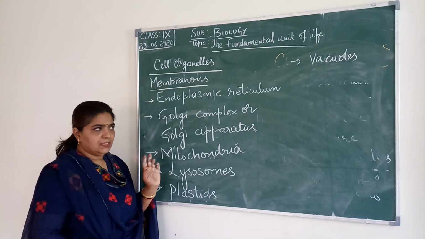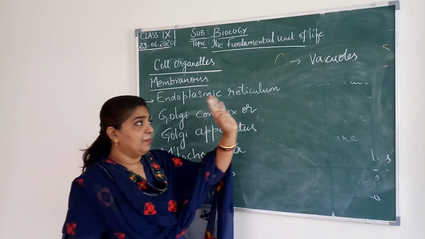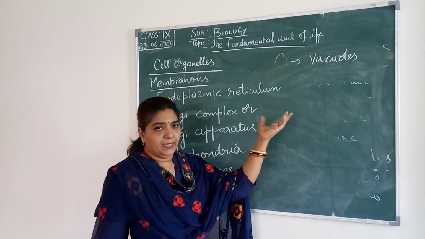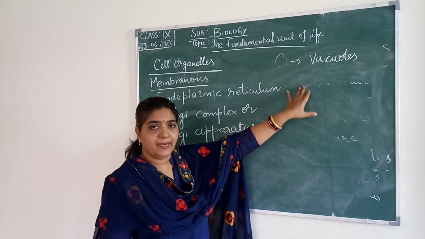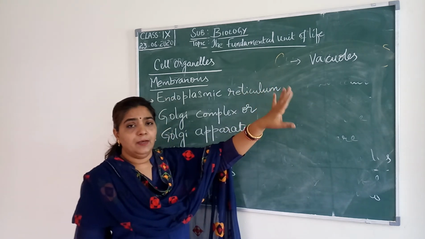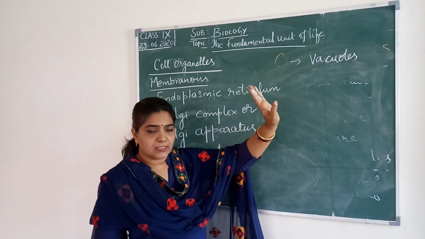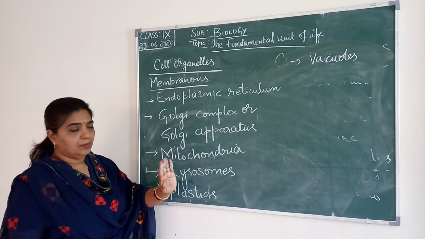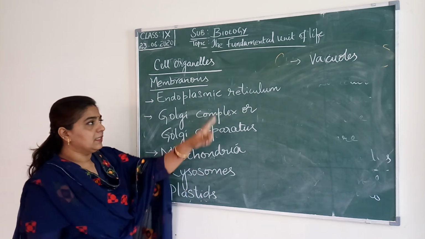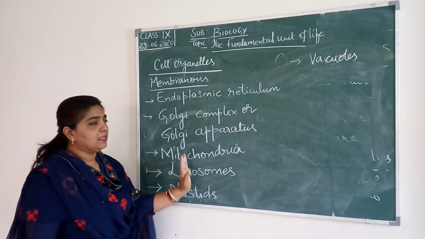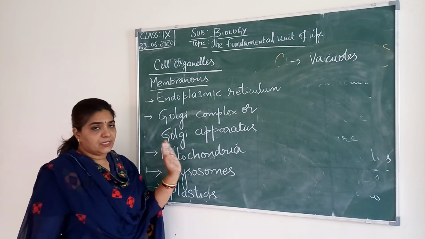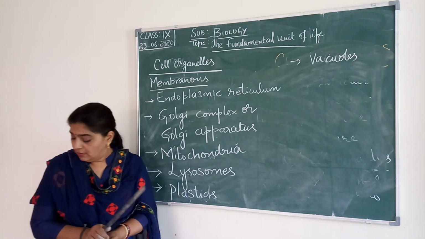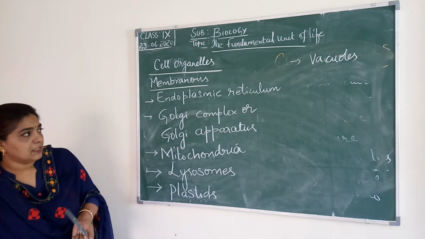In amoeba or euglena you find vacuoles, and euglena also has plastids, but those are exceptions. In higher animals we don't find plastids and vacuoles.